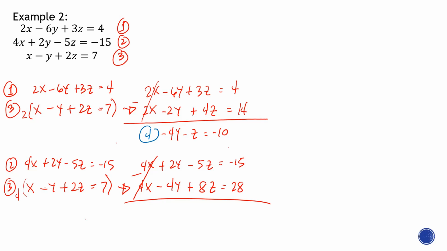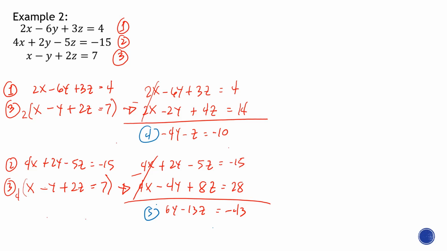Minus negative 4 will be plus, so that's 6y. Negative 5 minus 8, that's negative 13z. And then negative 15 minus 28 is negative 43. So I will name this as my fifth equation.